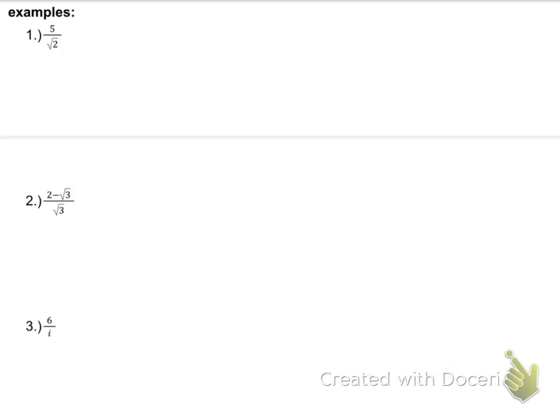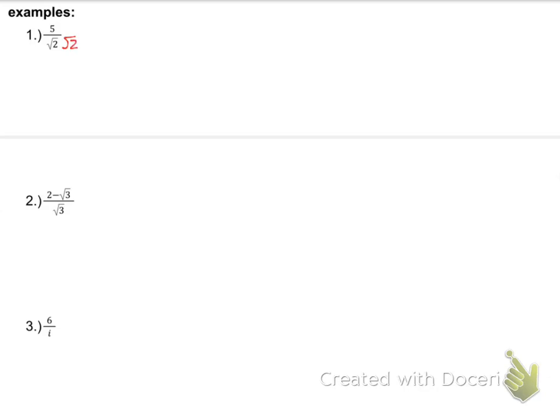So here we go. The first one demonstrates what I was talking about at the end, how it's not the conjugate. It doesn't have any pluses or minuses on the bottom. So the culprit here is the square root of 2. How do you get rid of a square root of 2? Multiply by the square root of 2.